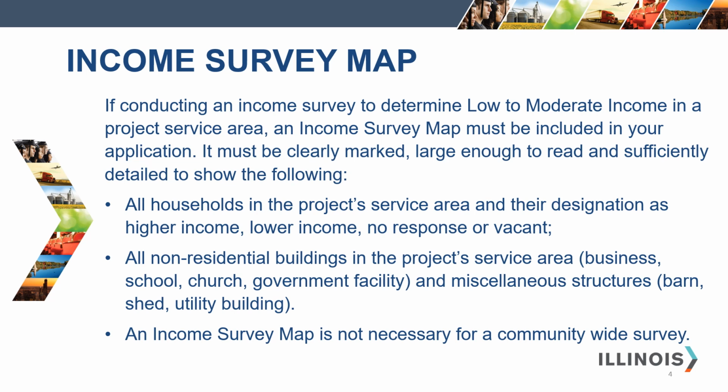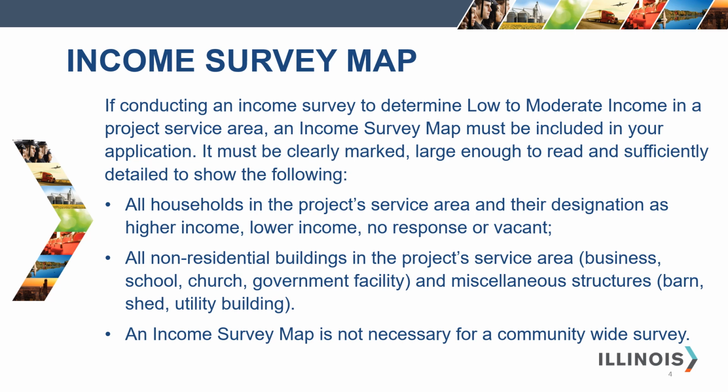If you are conducting an income survey to determine low to moderate income in a project service area, you must include in your application an income survey map. The income survey map must be large enough to clearly identify all households in the project service area. You must identify all households that have higher income, lower income, those who provide no response, and those units that are vacant.